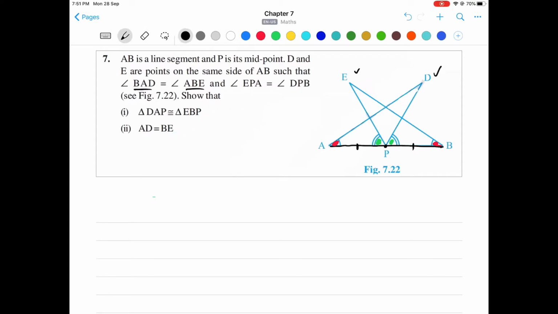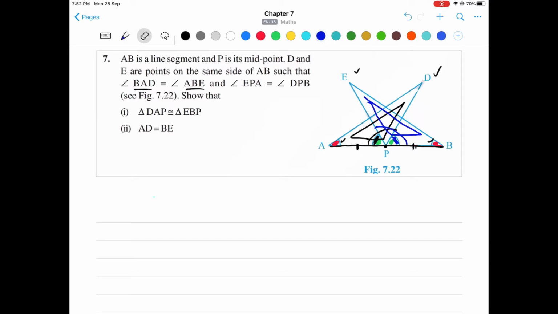Okay, so in this question you can clearly see that we have one angle, one side, but for this triangle APB, its complete angle is this one, but we are given only this part. Similarly for this triangle EBP, its complete angle is this one, but we are given only this portion.